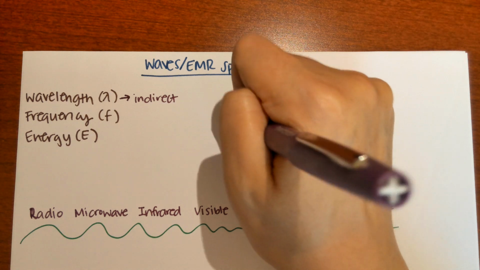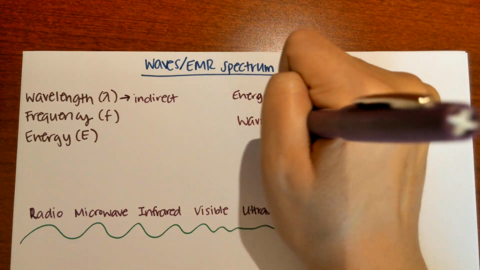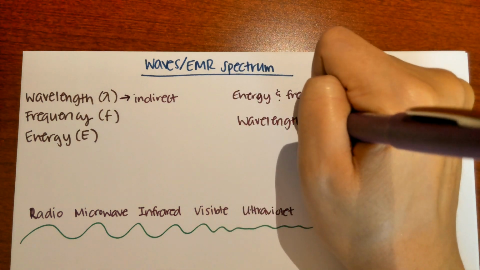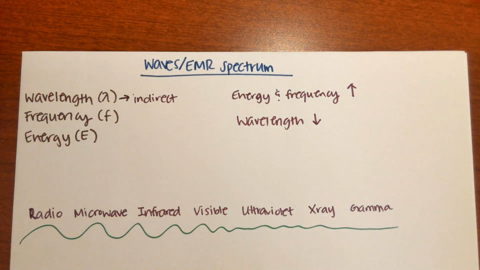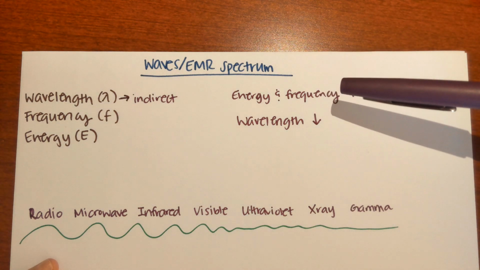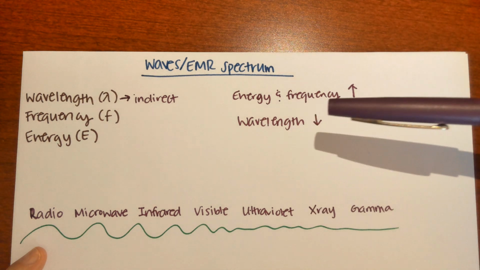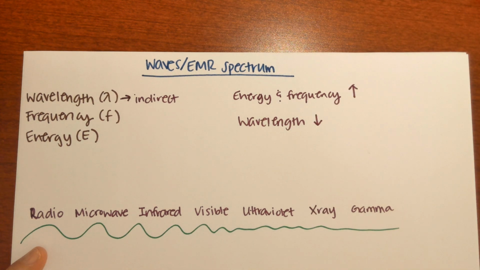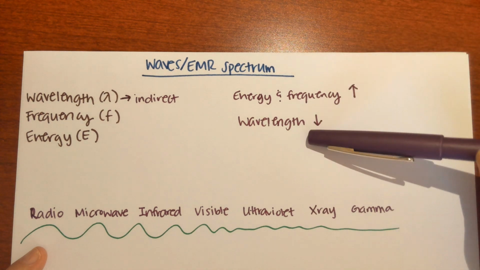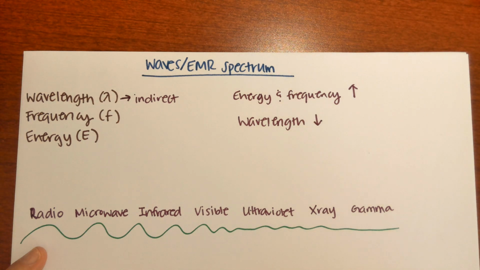And then wavelength is opposite. It's like the odd one out. So if I were to ask you what happens to the wavelength if I increase the frequency, since wavelength is opposite or indirect, wavelength would decrease when frequency increases.